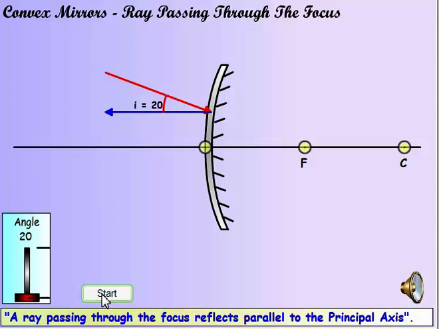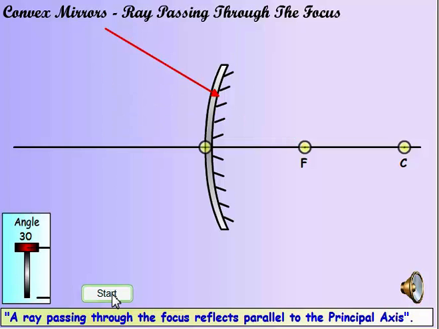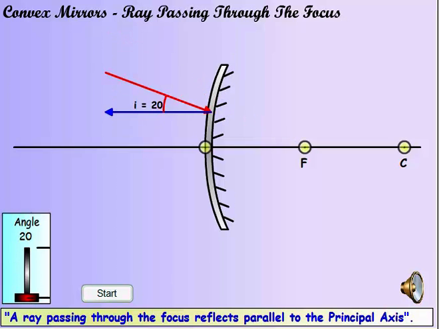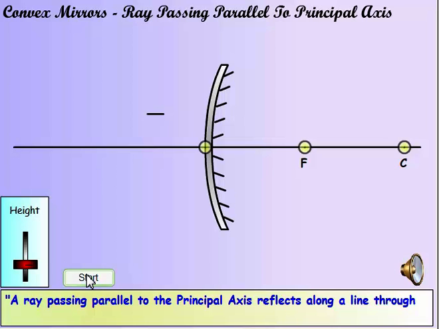When an incident ray passes through the focus, it reflects parallel to the principal axis. While an incident ray passing parallel to the principal axis reflects along a line through the focus.